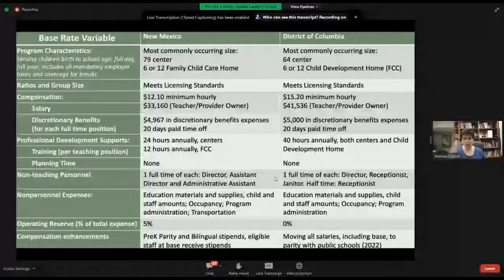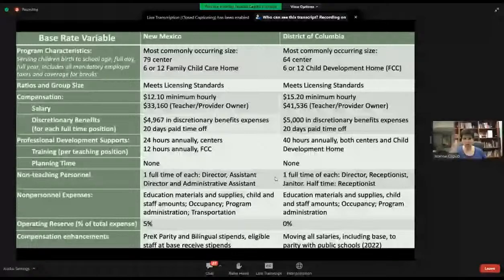And then the other piece that we wanted to include, because it's not in the actual base rate that comes out of the cost model, but it is included in how the New Mexico system functions, and they're going to be rolling it into their next iteration of the cost model, is that they in particular have compensation enhancements that go directly to staff. They refer to them as pre-K parity and bilingual stipends.